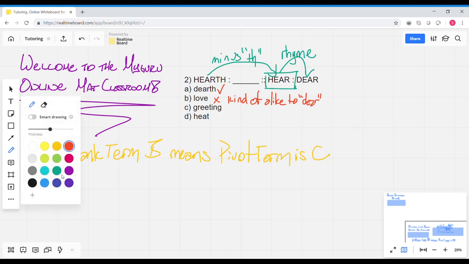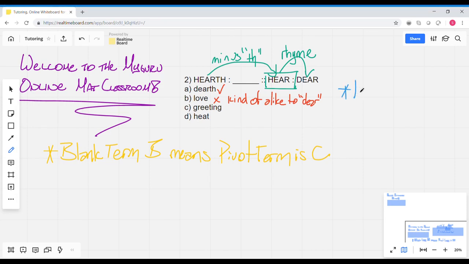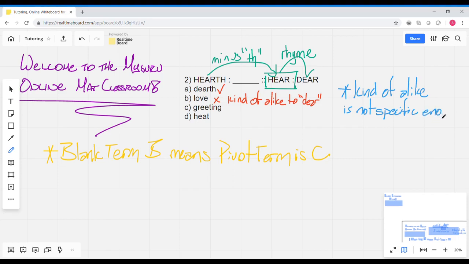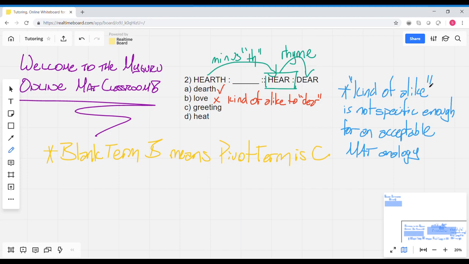A big overall concept here is that, in general, kind of alike is not specific enough for an acceptable MAT analogy. So you have to be able to articulate something specific. In this case, love to deer would not make sense, and hearth to deer wouldn't work either. So love is going to be out.